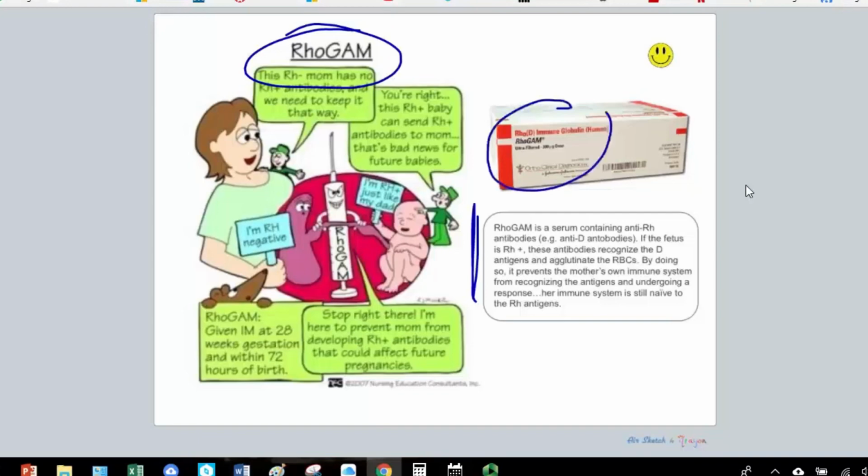Yeah, so these are a bunch of anti-D antibodies. They must be inactive anti-D antibodies. What they do is they recognize D antigens on the baby's red blood cell, which prevents the mother's own active anti-D antibodies from binding to it and agglutinating it, I believe is what happens.